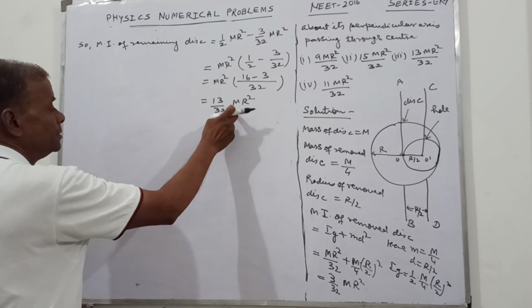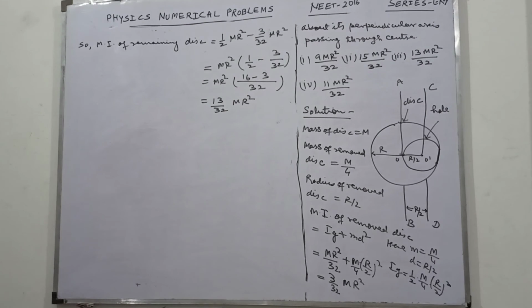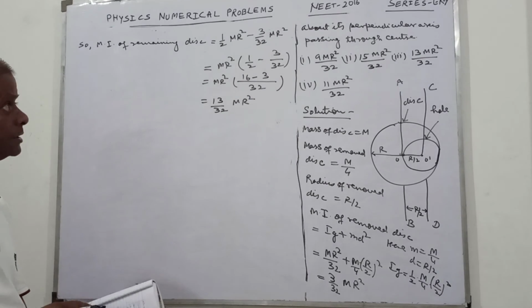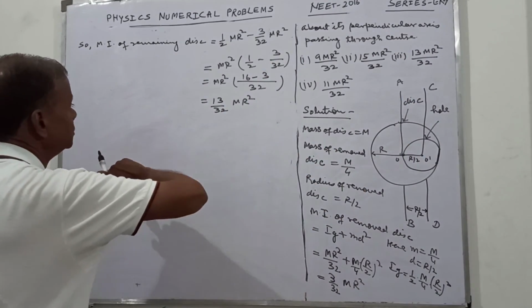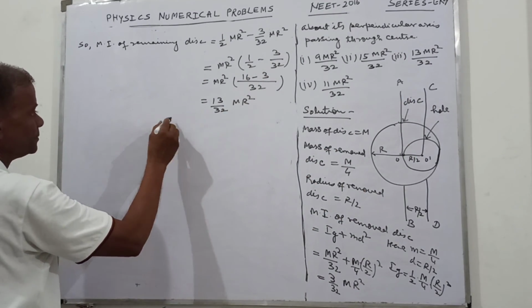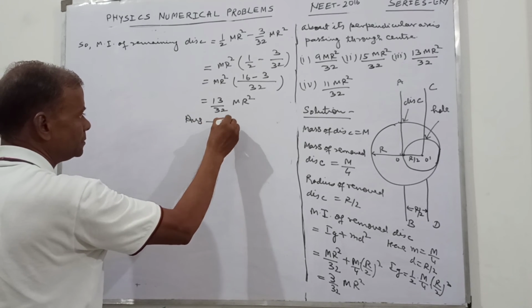This is the moment of inertia of the remaining disk. So you can see that the right answer to this one is the third, 13 mr square upon 32. So our answer is third.